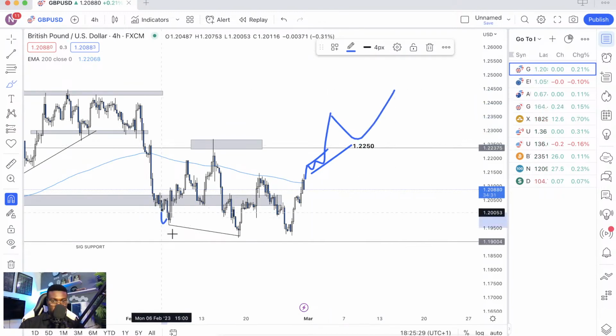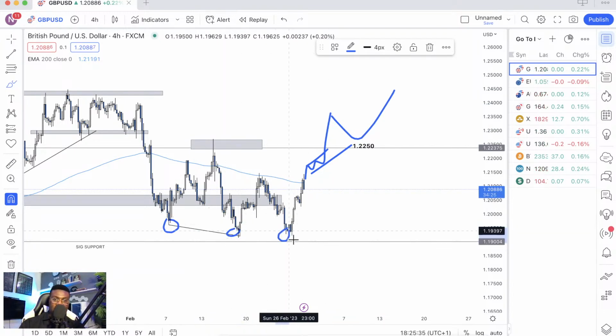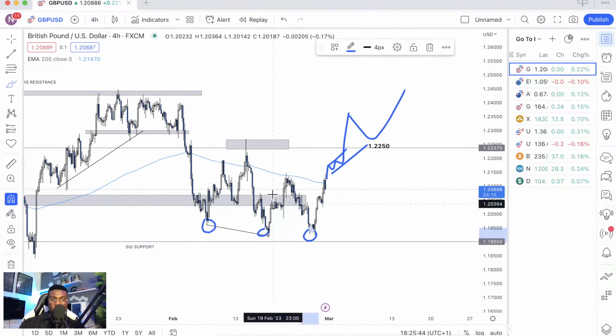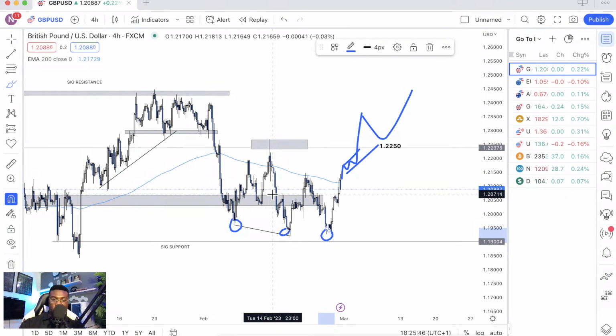This is going to serve as a triple bottom chart pattern, and triple bottom chart patterns are reversal chart patterns, right? So that's what I want to pay attention to on the pound dollar markets.